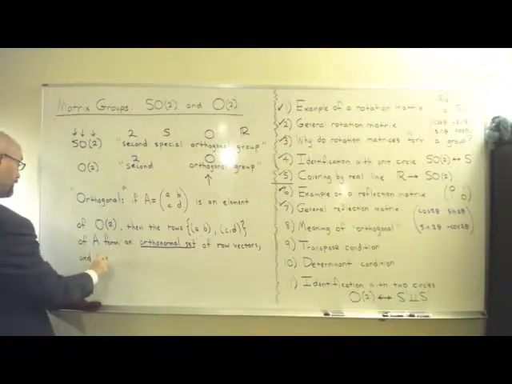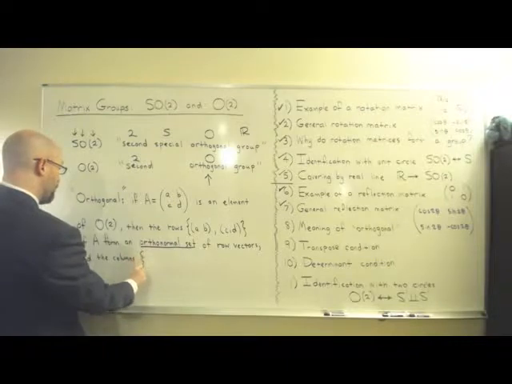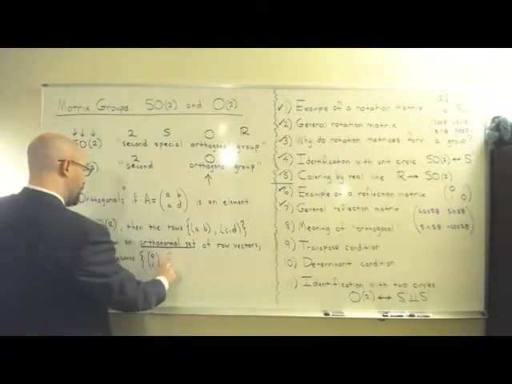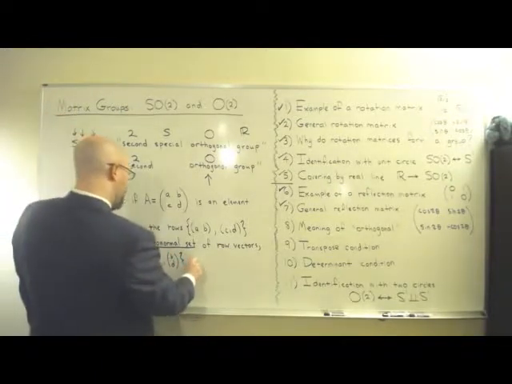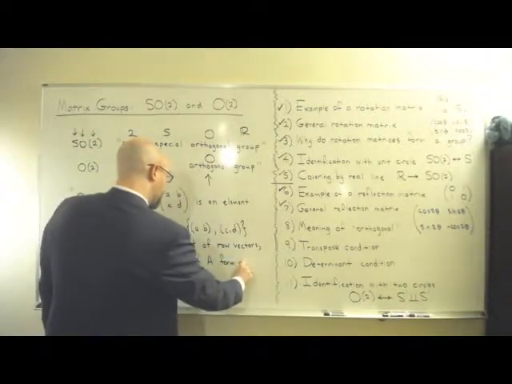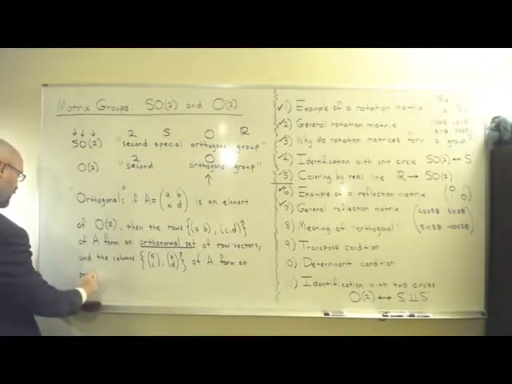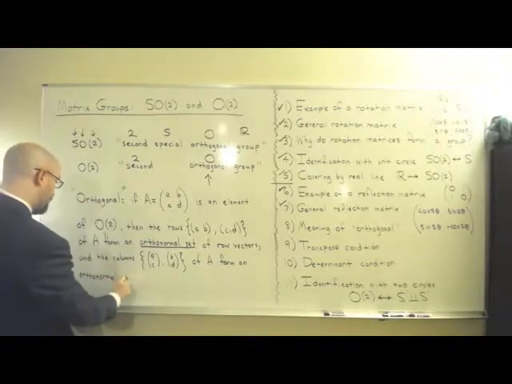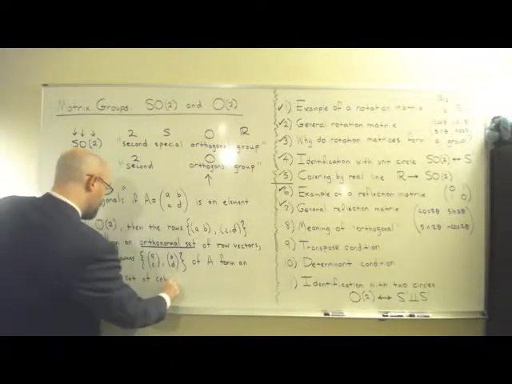the columns, and we could write out what the set of columns are. This would be A and C is the first column, B and D is the second column. The columns of A form an orthonormal set of column vectors.